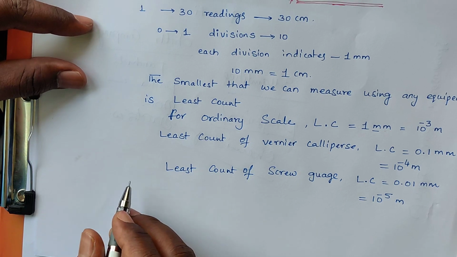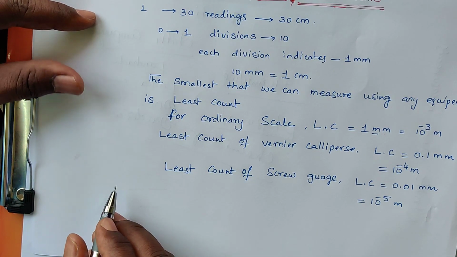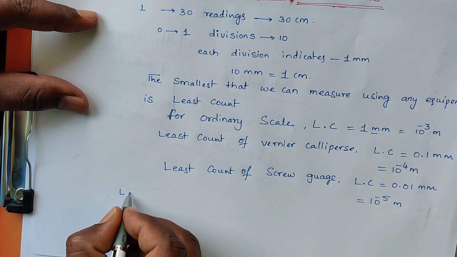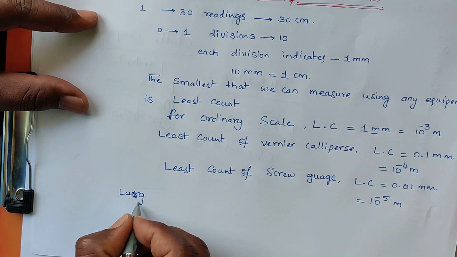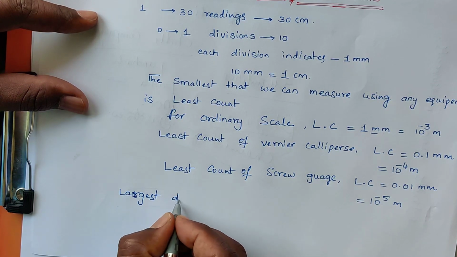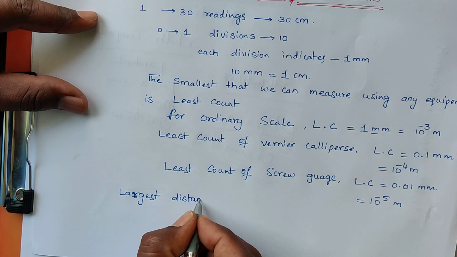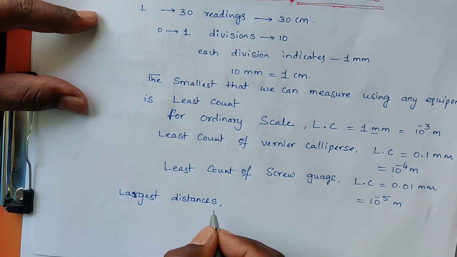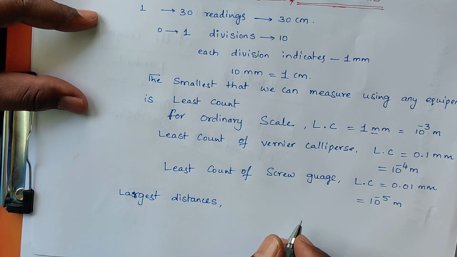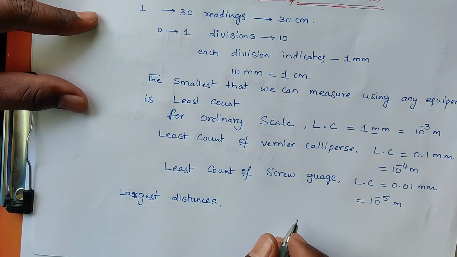Now if you want to measure the largest distances, we cannot use an ordinary scale or meter scale. Isn't it right? We cannot measure the length from earth to sun by using a meter scale or ordinary scale.